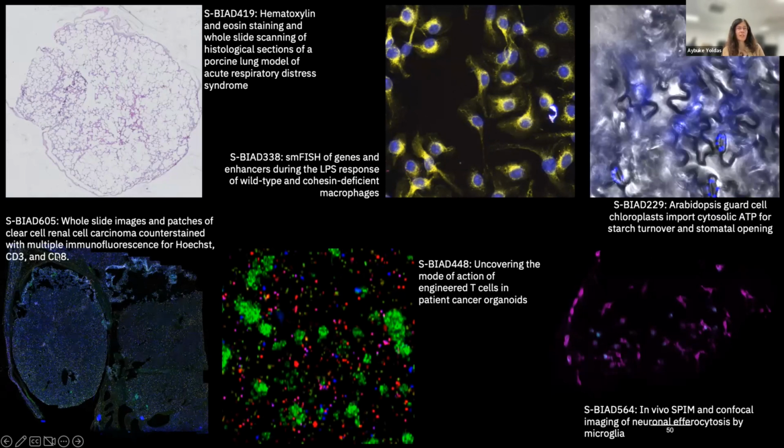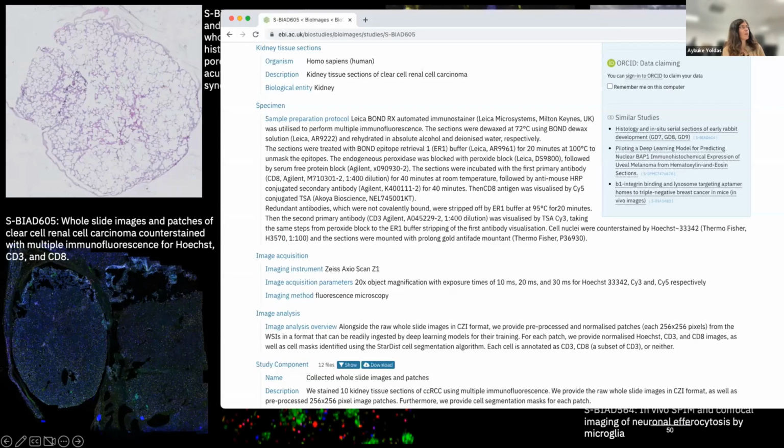If the title doesn't give you all the information you need, here, as Matthew was showing, we have all that information about your sample. This is the one that belongs to this data set, the ESPIAT 605, which is the whole slide images of kidney tissues to study renal cell carcinoma.